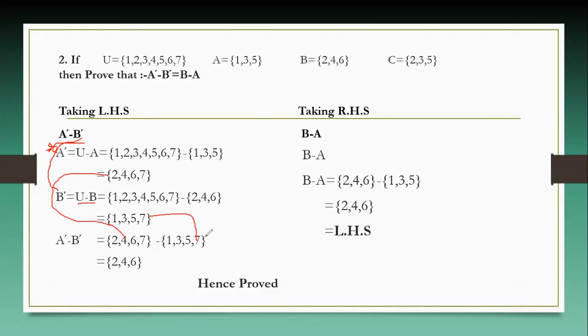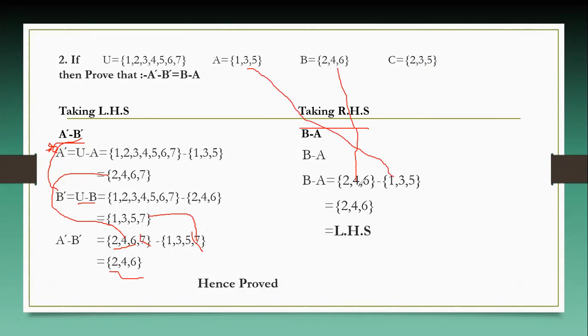Here you can see that only 7 is common. So just cut down 7 and write the remaining elements of set 1. So you get the answer of the left hand side: 2, 4, 6. Now let's take the right hand side, B minus A. B minus A means set B minus set A. Is there anything common?